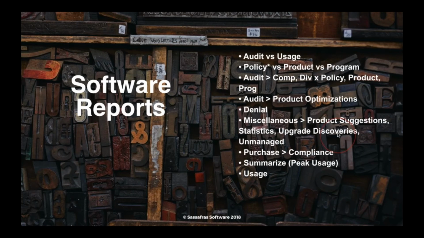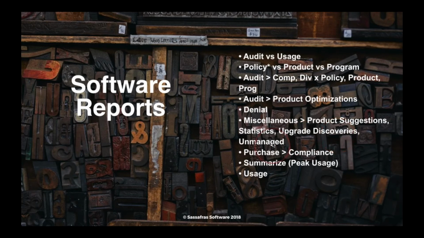If you're using standard definitions and there are newer versions of a product installed on the computers on your network of a product that you're already tracking, say you've got a policy for Office 2016 and Office 2018 or 2019 comes out, you're going to see that product in this upgrade discovery report, and that will tip you off that you need to add that to your Office policy perhaps.